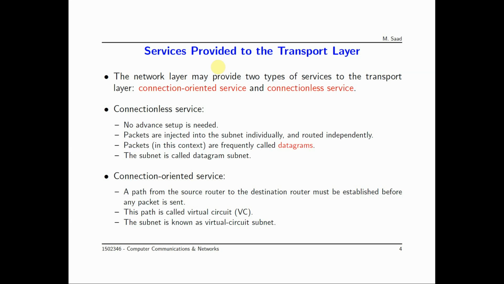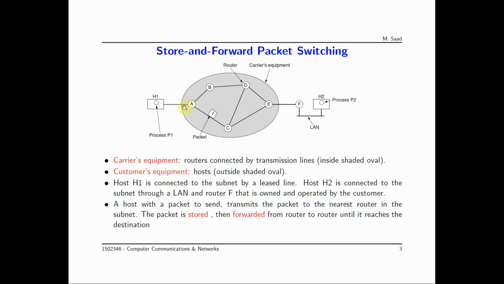So as a basic principle, the network layer provides a service to the transport layer, and this service is simply guiding the packet until it arrives at the destination, because the transport layer is basically responsible for the end hosts. So the transport layer would like to get a message delivered from host 1 to host 2, and this is implemented by the network layer by finding suitable paths so that the packet can follow this path.